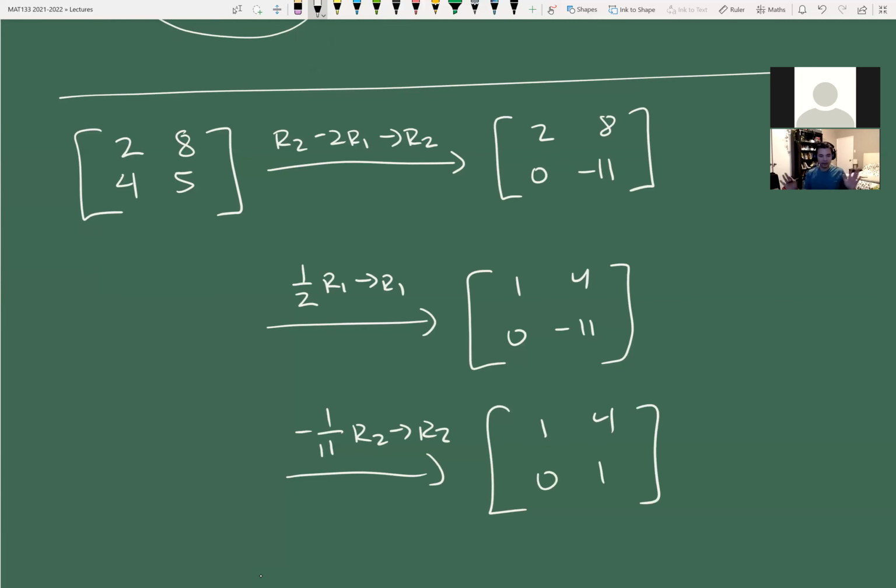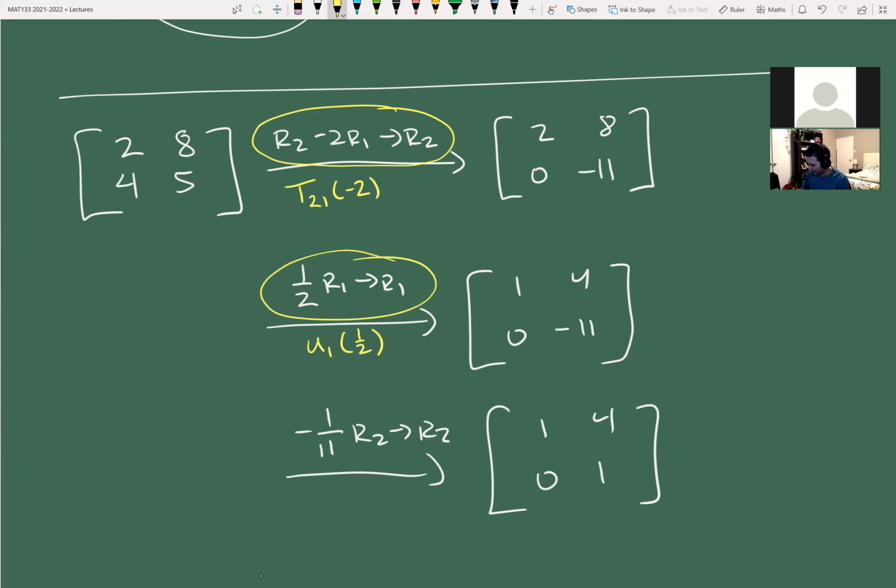Okay, so I haven't done anything there with these S's, U's, T's, anything like that. This is just our standard row reduction, right? I haven't done anything crazy like that. Now, what I'm saying is that this row operation is the same thing as T21 of negative 2. This row operation is the same thing as U1 of 1/2. This row operation is the same thing as U2 of negative 1/11.